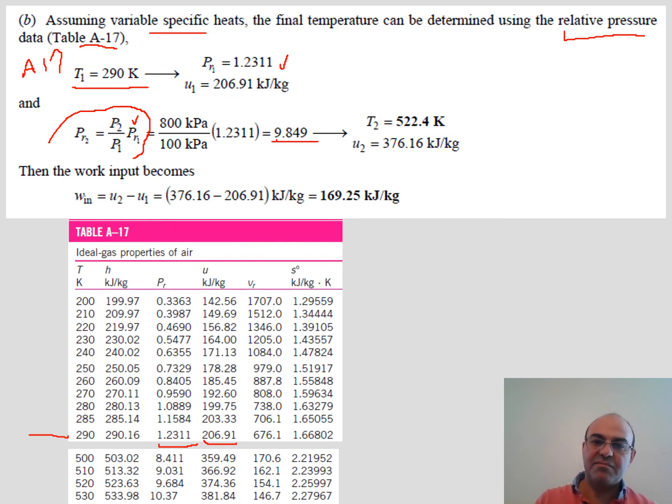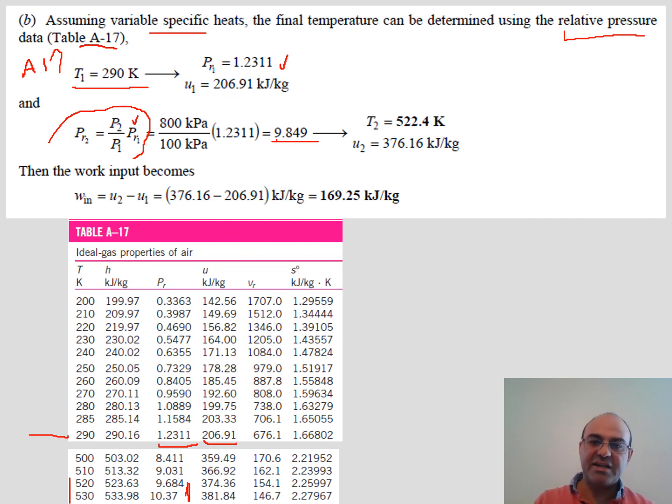9.849, and this is dimensionless. We need to go back to the air table and look for this number under the Pr column. 9.849. If you look at this, you see that 9.8. So it's between these two, between the temperatures of 520 and 530.